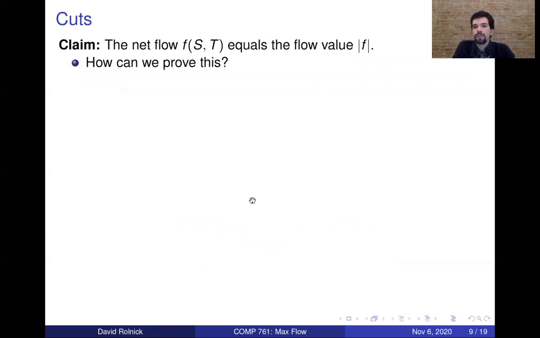How can we formally prove this? Is there anything we've seen which is similar to what we need to do here?